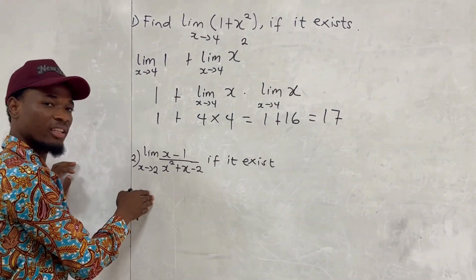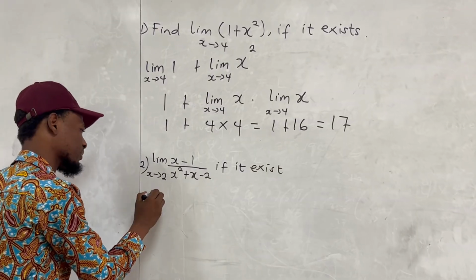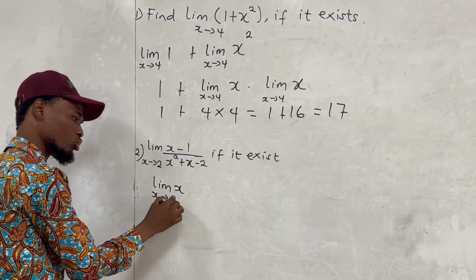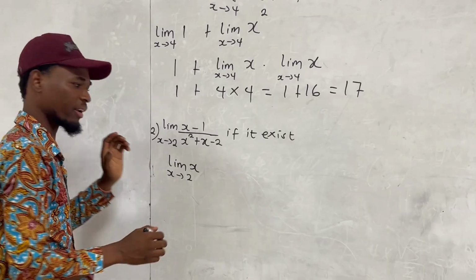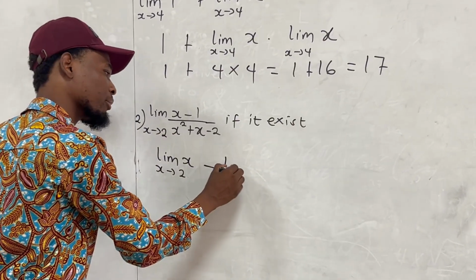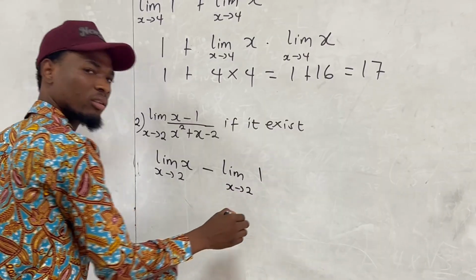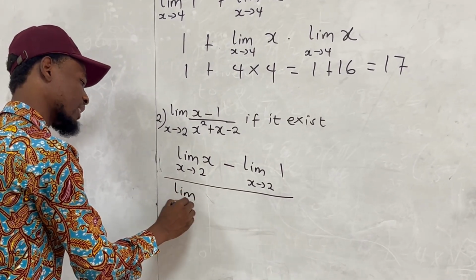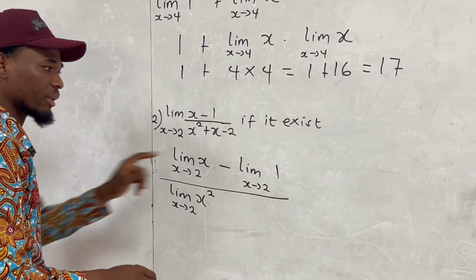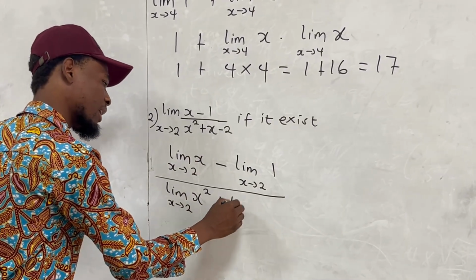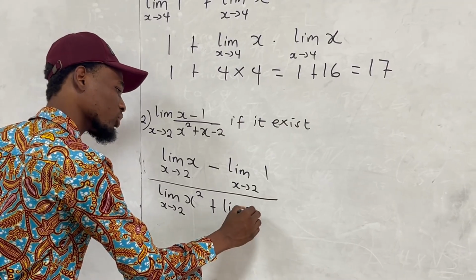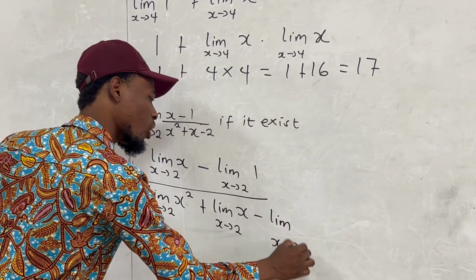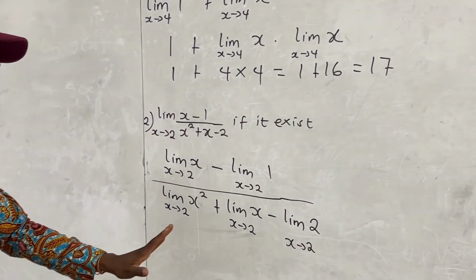So this is the same as the limit of x as x approaches 2, because the limit will affect every term, minus the limit as x approaches 2 of 1, all over the denominator: the limit as x approaches 2 of x squared, plus the limit as x approaches 2 of x, minus the limit as x approaches 2 of 2.